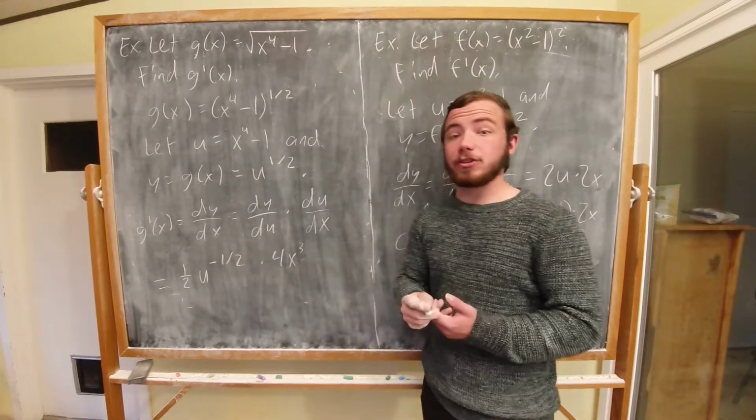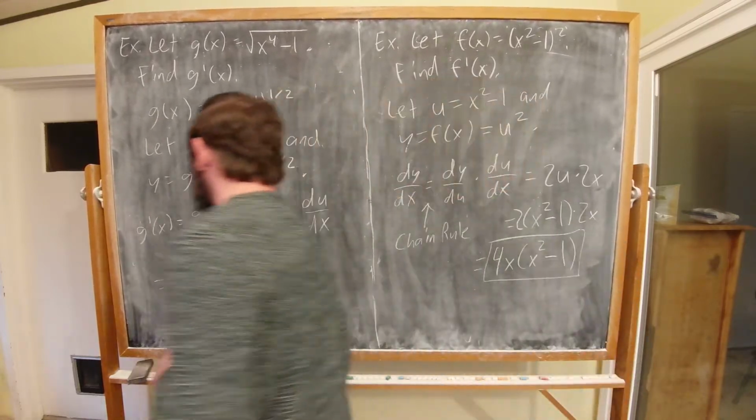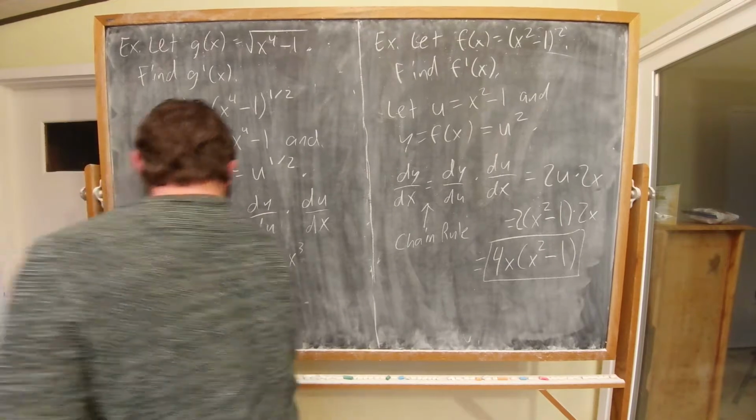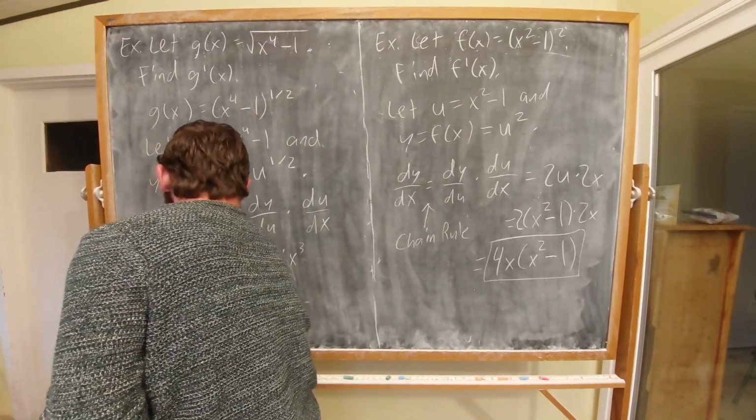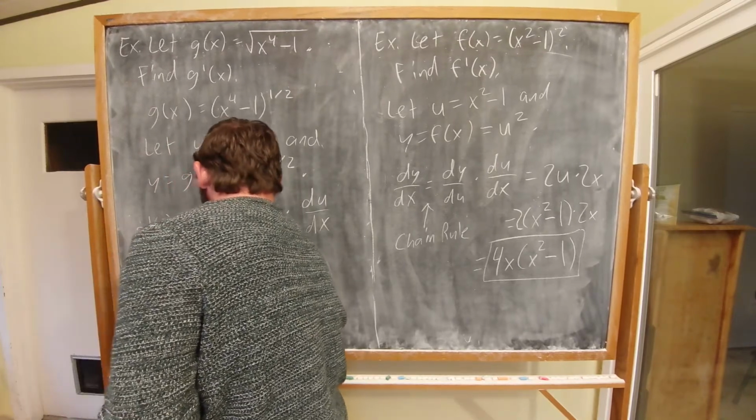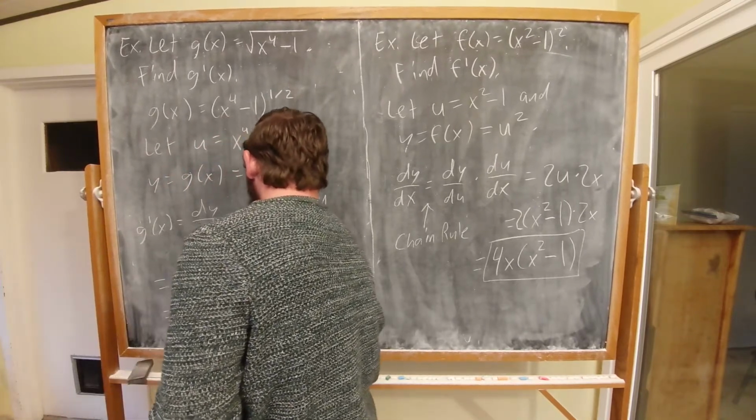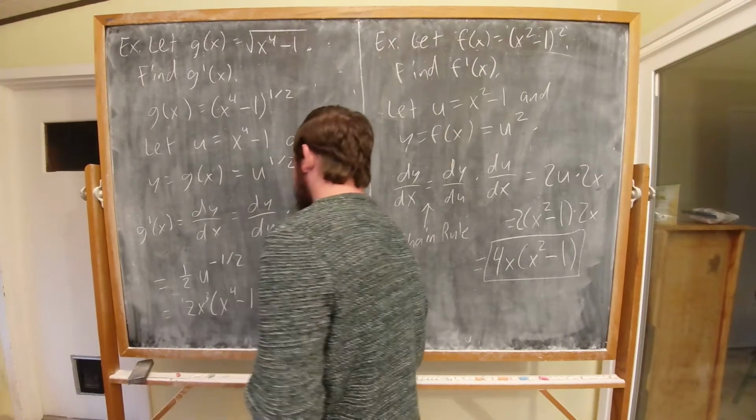And now all we have to do is back substitute. This is 2x cubed times x to the 4th minus 1 to the negative 1/2 power.